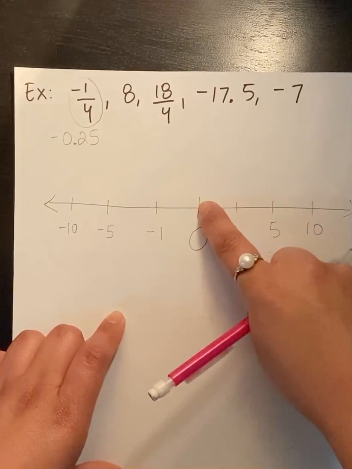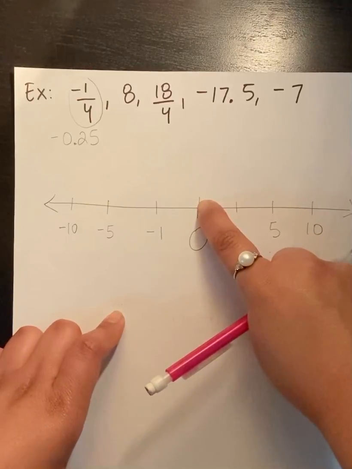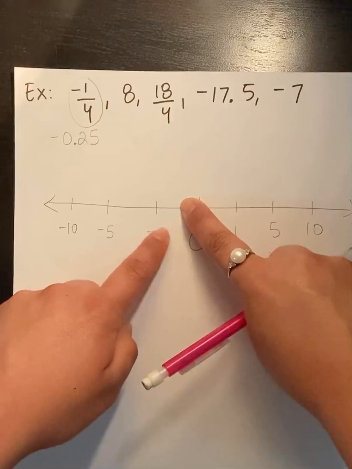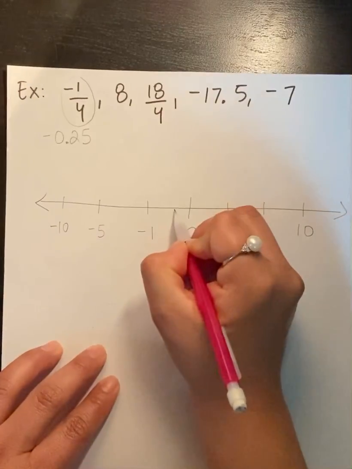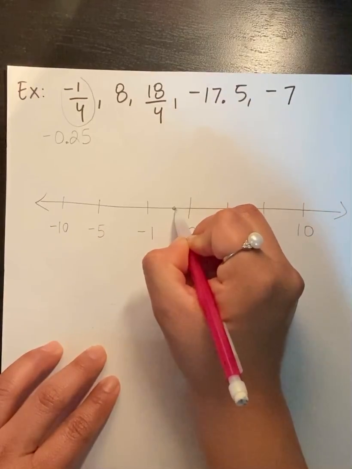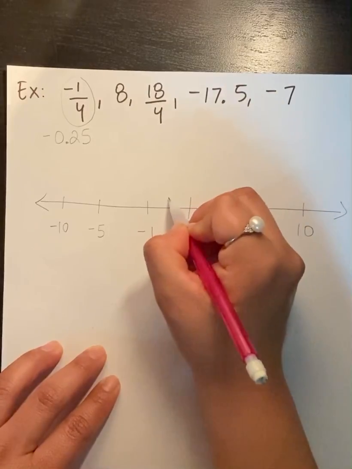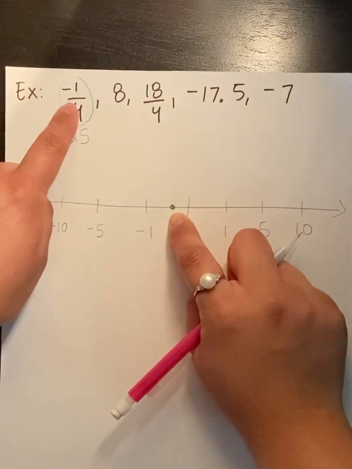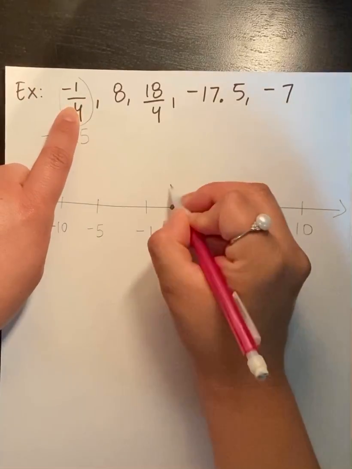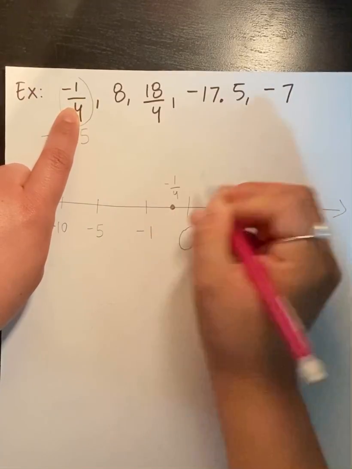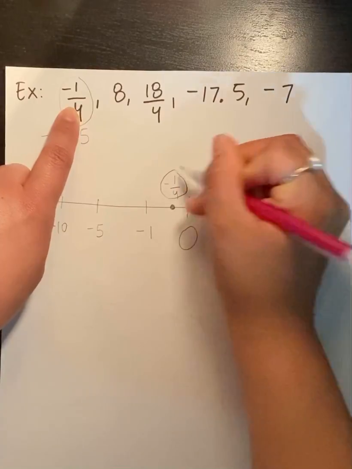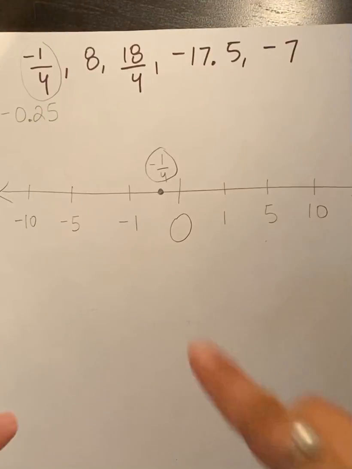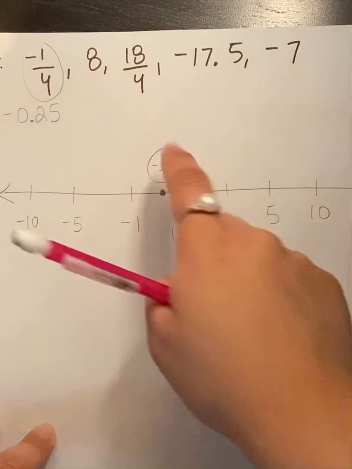Think about this as -25 cents. That's before -$1. So I'm going to go ahead and plot -0.25. However, I am going to write it as the fraction, the way it's written in the problem, -1/4, and I'm going to circle it so that I can remember that's the number that comes from my list.